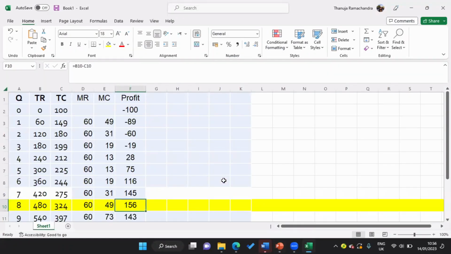What is the price? How do you find the price? TR divided by Q. Sorry, that is average revenue.